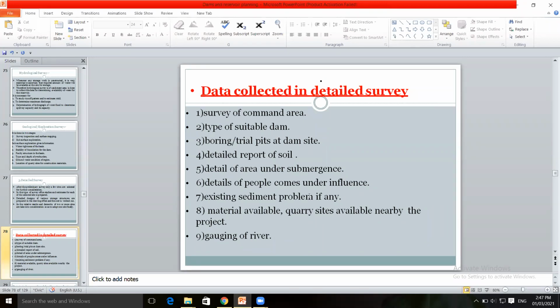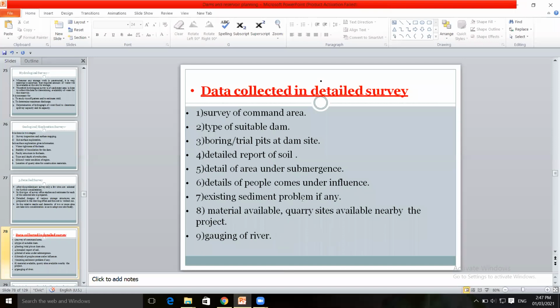You have to make provision for the rehabilitation of the people and villages during construction of the dam. Or, if there is any sedimentation problem in the existing area, a sedimentation survey has to be carried out.